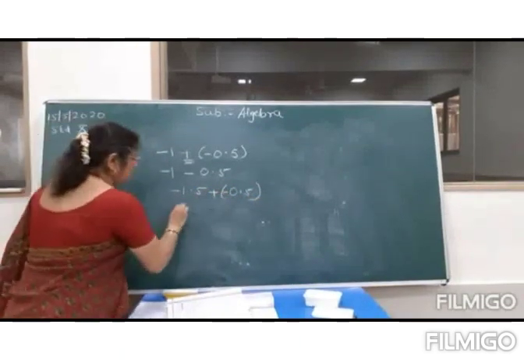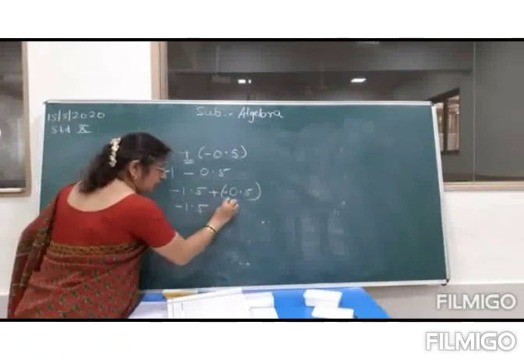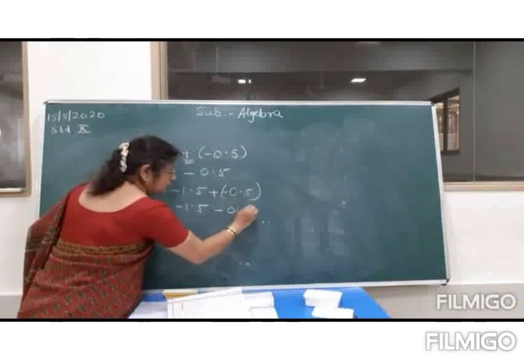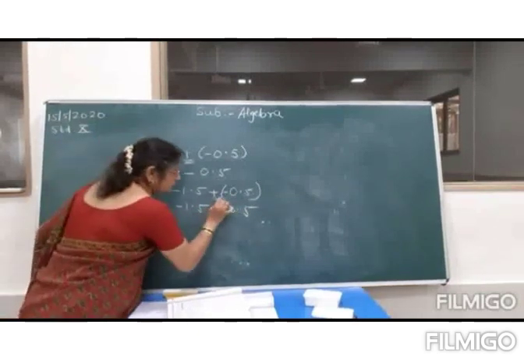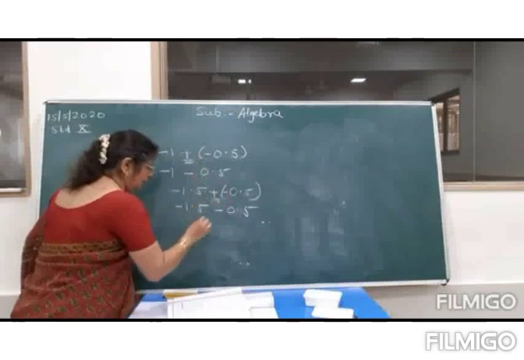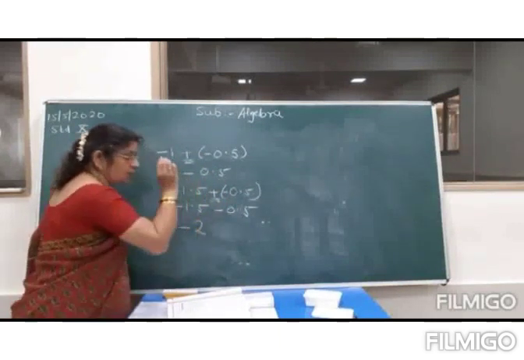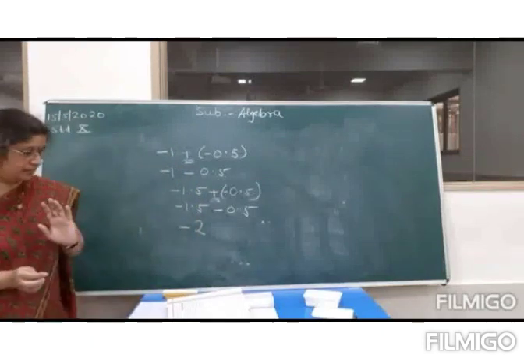Okay. So minus 1.5, again when you open the bracket it becomes minus 0.5. But actually what you are doing, you are adding. The sign will be minus and you will get the answer minus 2. So like that the terms are obtained.